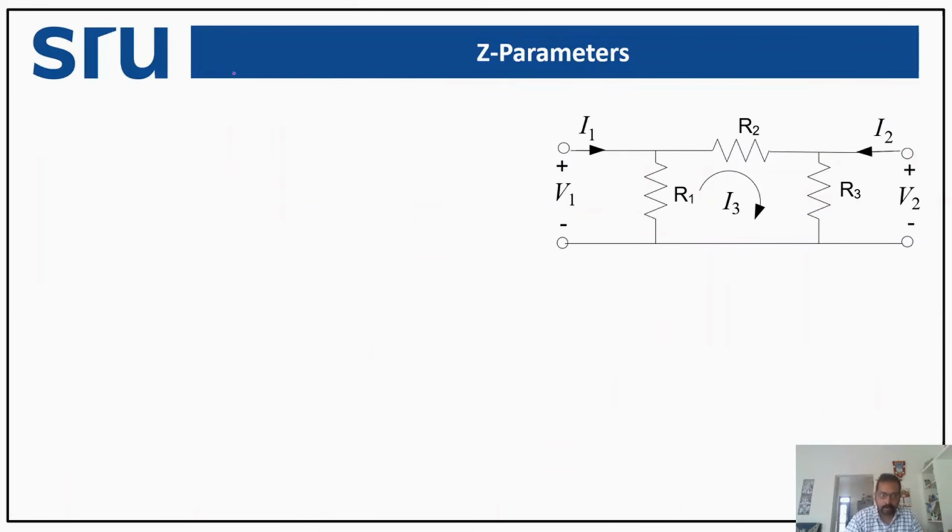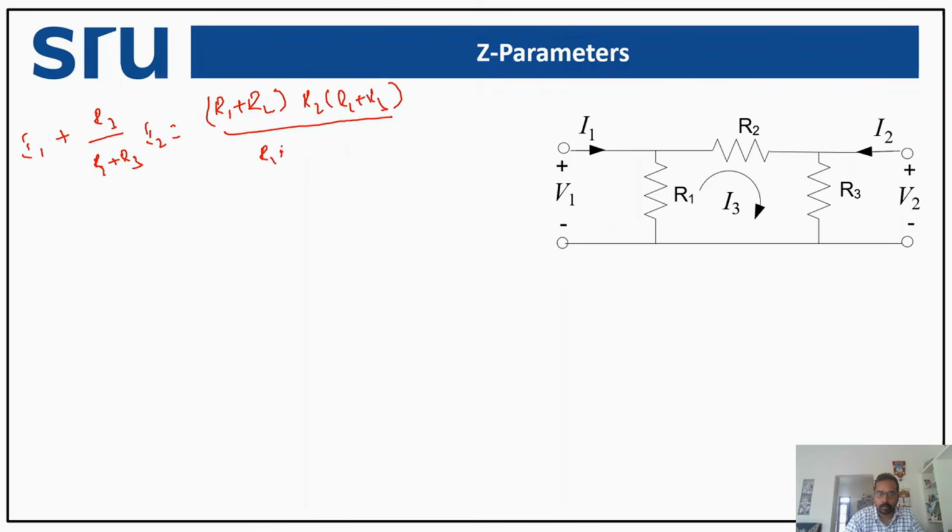If you try to simplify that, we are going to get I1 plus R3 by R2 plus R3 into I2. Now we are trying to simplify it. R1 plus R2 into R2 into R2 plus R3 divided by R1 R2.